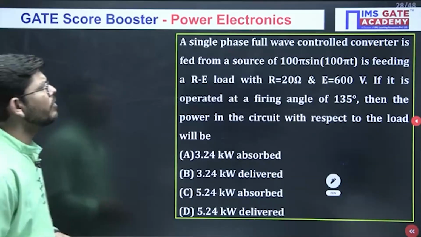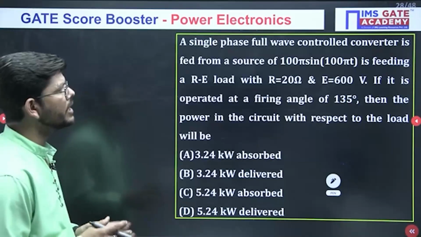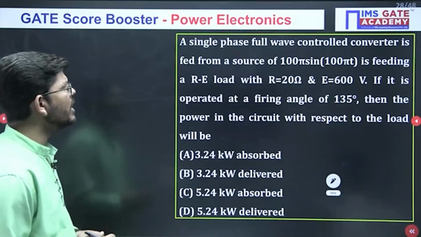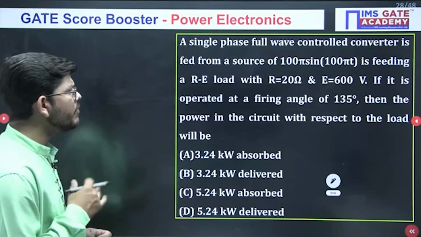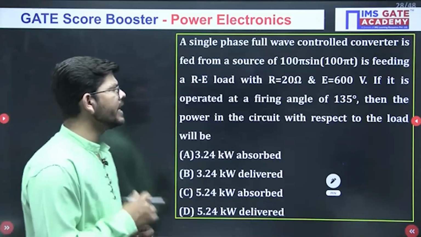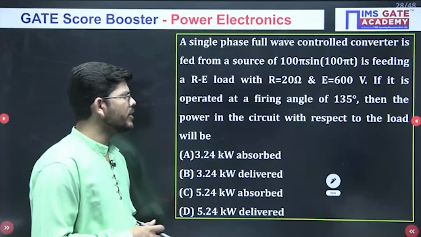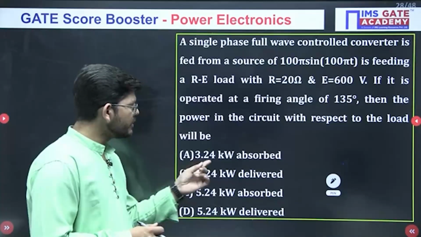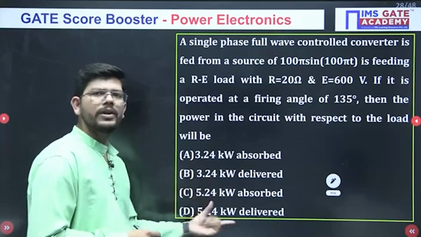A single phase full wave controlled converter is fed from a source of 100 pi sine 100 pi t, feeding an RE load with R equals 20 ohm and E equals 600 volt. If it is operated at a firing angle of 135 degrees, then the power in the circuit with respect to the load will be this value absorbed or this value delivered.